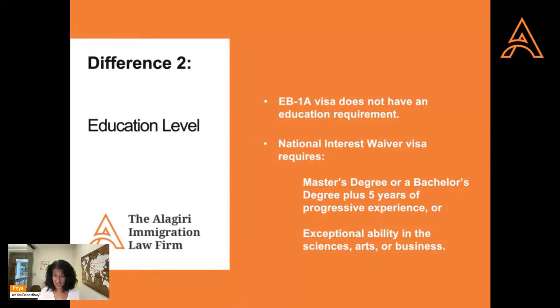So if you're interested in the national interest waiver visa, you must have a master's degree or a bachelor's degree plus 5 years of progressive experience, or in the alternative, you have to demonstrate exceptional ability in the sciences, arts, or business.